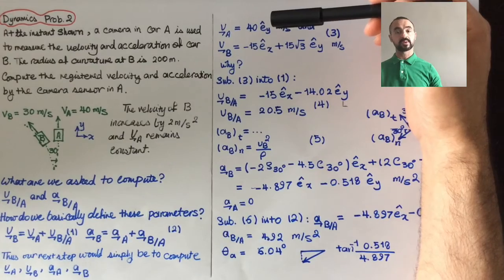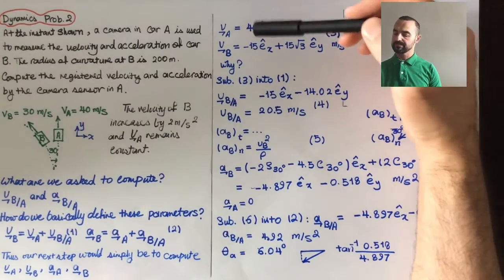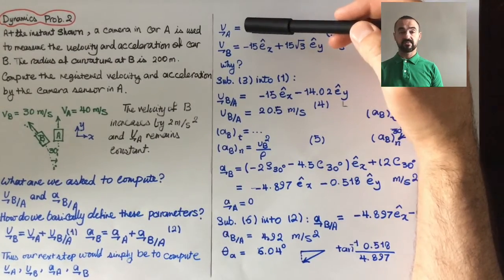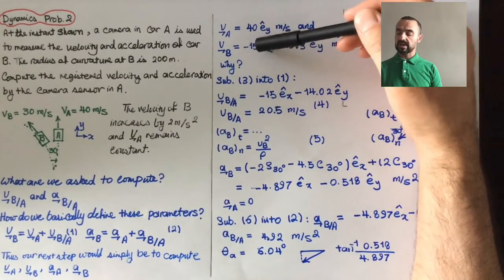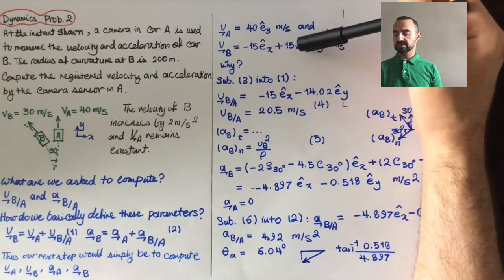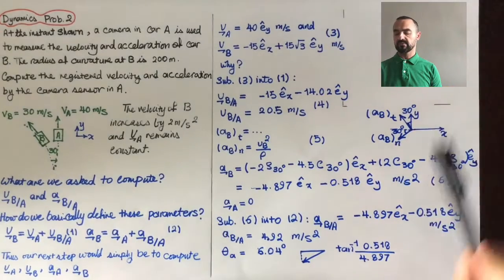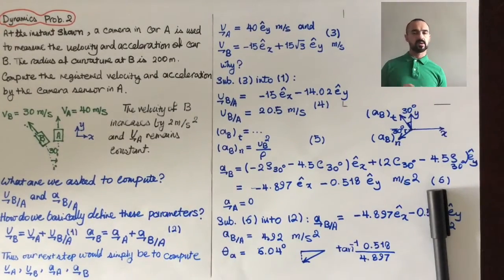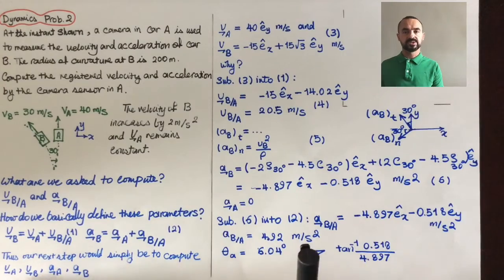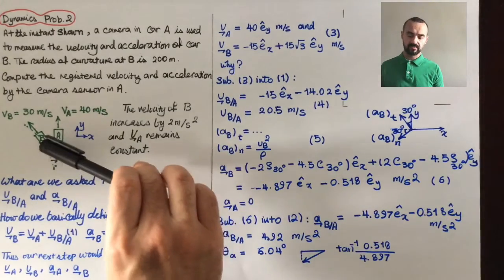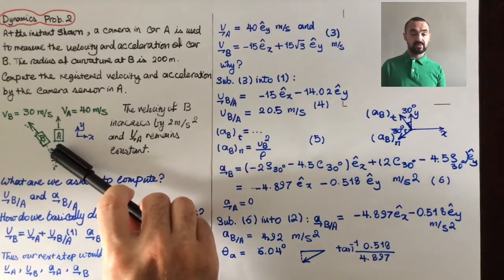I'd like to compute everything in vectorial form. So this is the vector for velocity of A. And for velocity of B, I have minus 15 e-hat X plus 15 square root of 3 e-hat Y. Where does this come from? You know that this is the velocity of B because it's always tangent to the curved path, and you know this angle is 30.